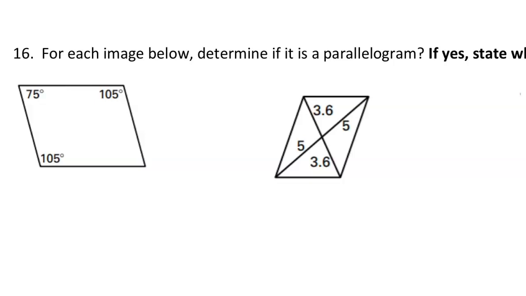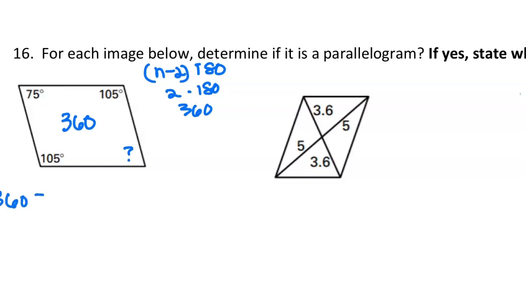So from 8.1, I know that I have 360 degrees inside a parallelogram or a quadrilateral because n minus 2 times 180, and that's going to be 4 minus 2, which is 2 times 180. That's going to be 360. Okay, so let's find the missing angle.